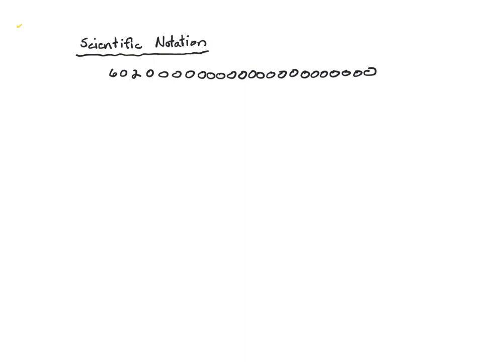I can't, so it's nice that we can take this number and simplify it down into 6.02 times 10 to the 23rd. So how do we do that?